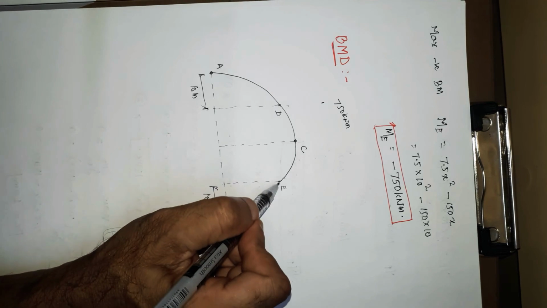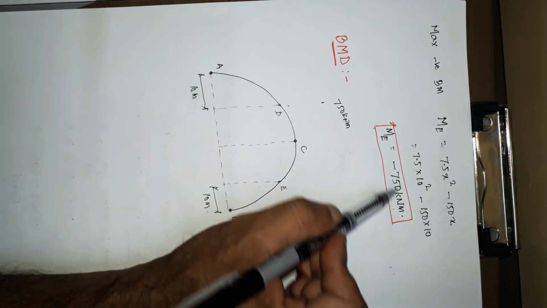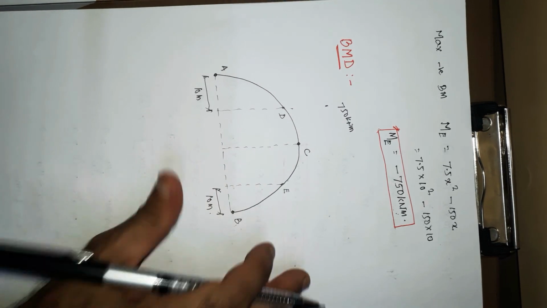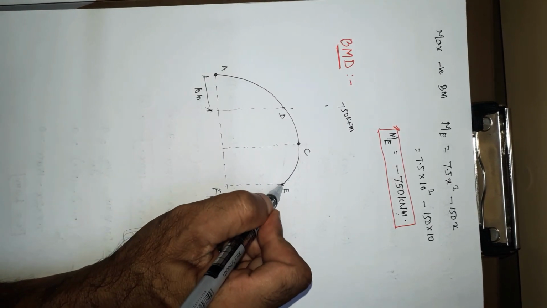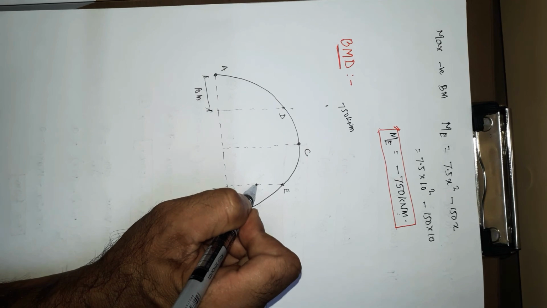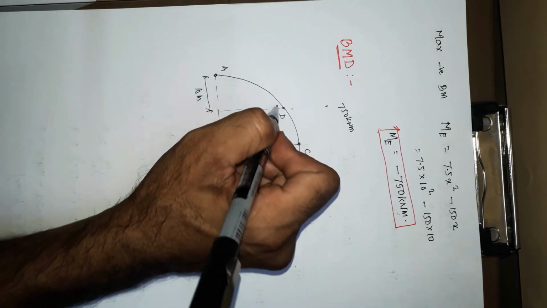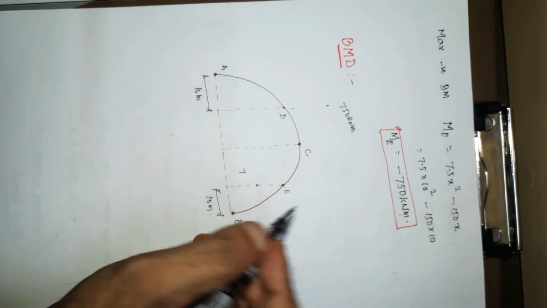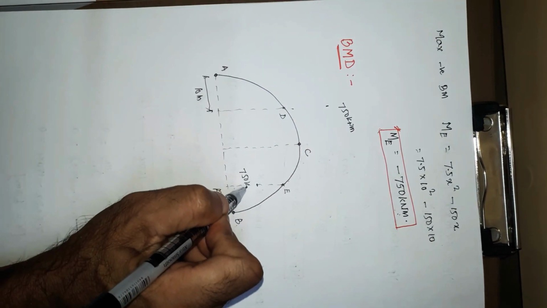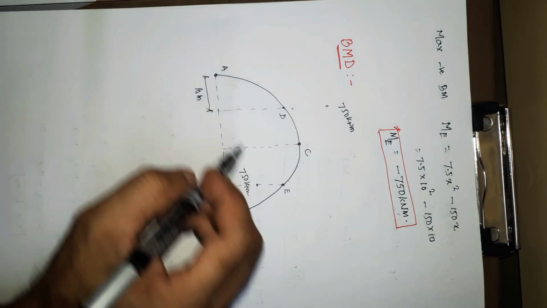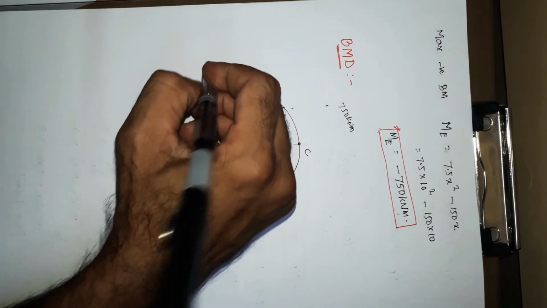Then the bending moment at E, just now we have calculated, is minus 750 kilonewton meter. Minus means inside the arch you have to mark the ordinate. So here it is 750. Minus means it is below the arch. Plus 750 means above the arch. This is also 750 kilonewton meter. Now as you know, between A to C, UDL is there.